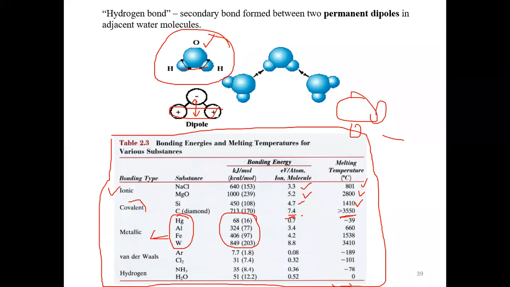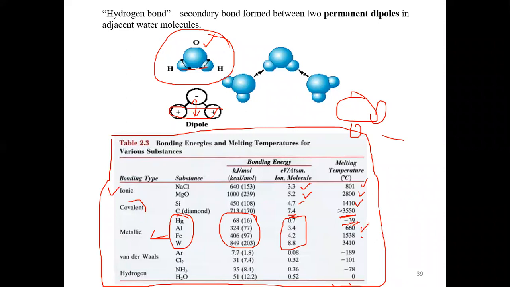In eV it is this. So look, for mercury, the bond energy is very weak. That is why its melting temperature is minus 39 degrees Celsius. So at room temperature, it is basically liquid. And aluminium has melting temperature 660 degrees Celsius.